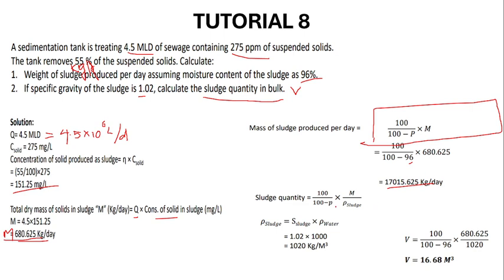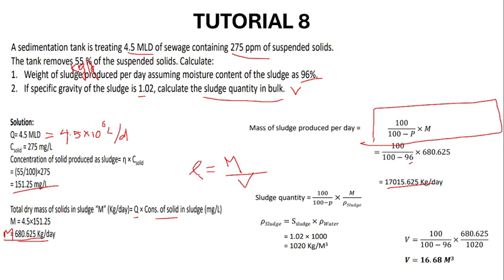Now to find the sludge quantity in bulk, we know that density is equal to mass by volume, right? So density is equal to mass by volume. Now we have found the mass of the sludge, okay? And we also know the density. So the specific gravity of the sludge is given here.